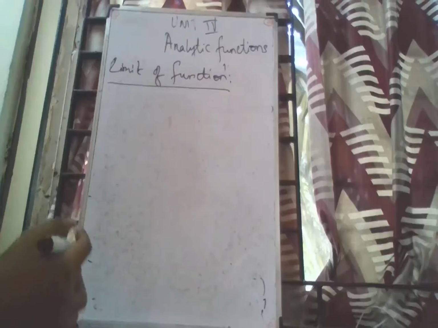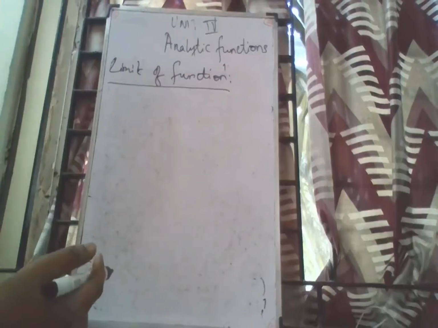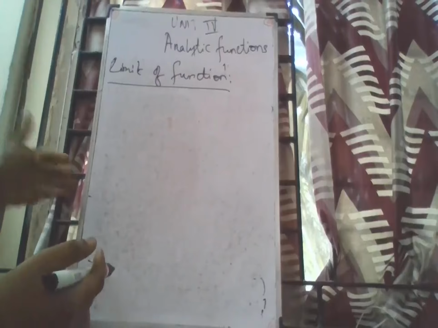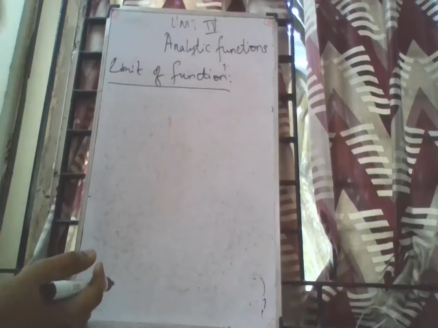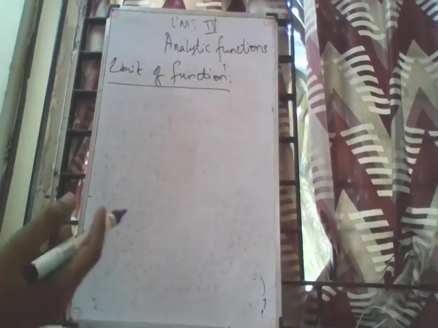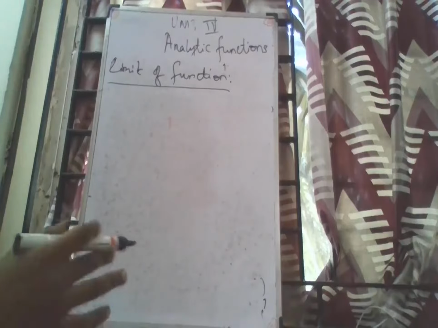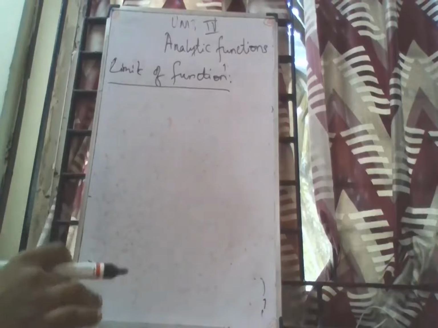Before that, we must learn certain definitions in analytic functions, which are very useful for the last chapter. The basic definitions I'm teaching here are very, very important for your next chapter also, I mean the 5th chapter, so-called complex integration. So the next definition is limit of a function.